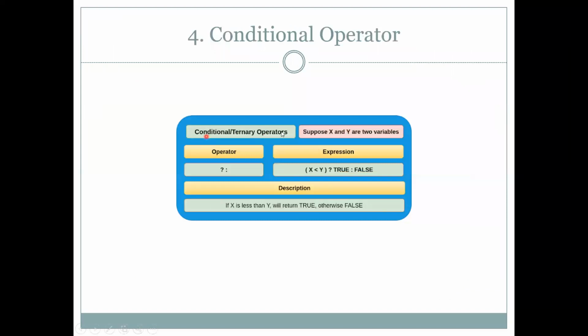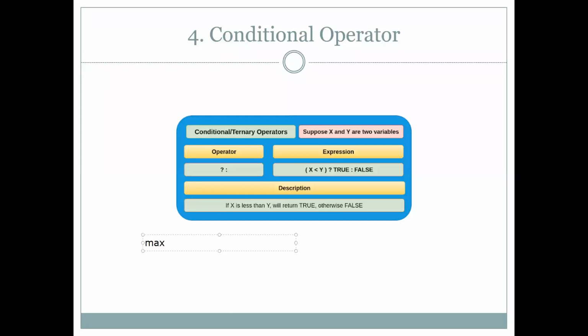Next is the conditional operator. The conditional operator is otherwise called the ternary operator, which works on three variables. So suppose I want to find out the maximum number.